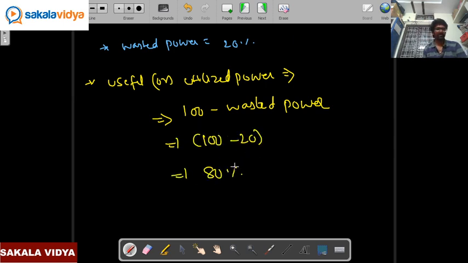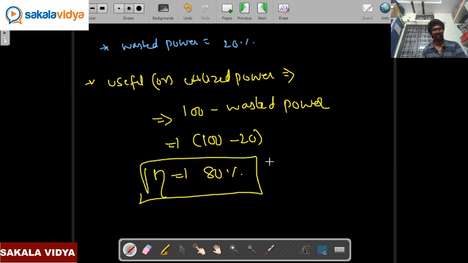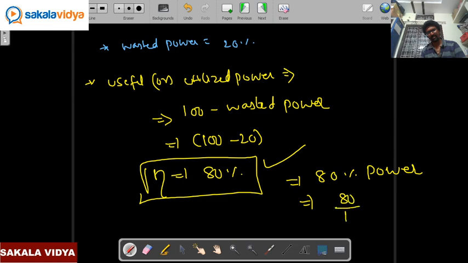So what percentage of power is utilized? 80% of power is utilized, in which 20% of power is wasted. So 80% of power is nothing but 80 by 100 into P. Let us write this as equation 1.